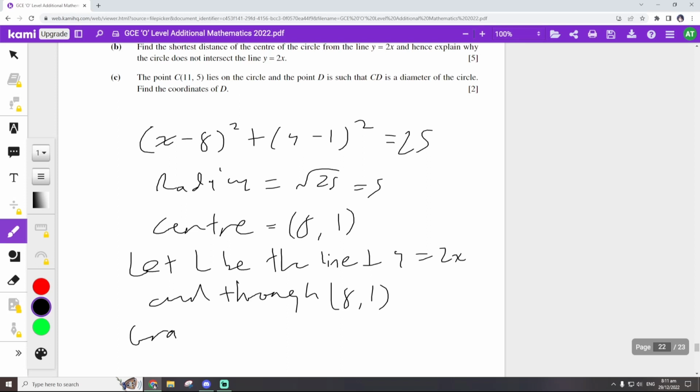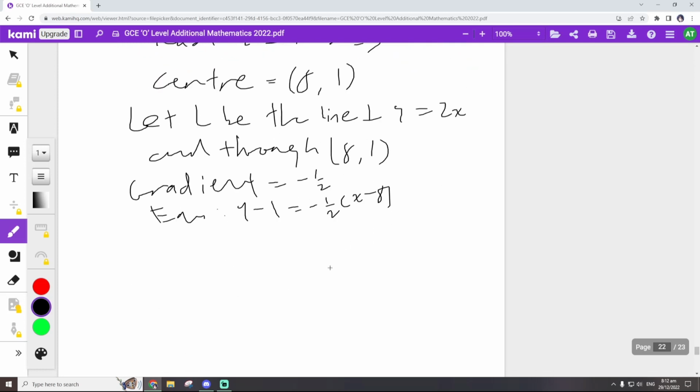So the gradient is the negative reciprocal, which is negative half. So the equation will be y minus 1 equals negative half times x minus 8. So y is negative half x plus 5.